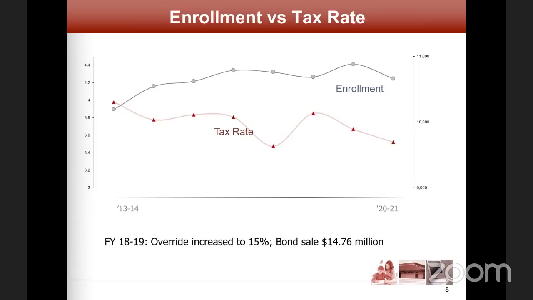The largest increase was in 18-19, and that's when we first implemented the increase for the override from a 10% override to a 15%. Also in that year, we had a bond sale of $14,760,000. So that did increase the funding that was needed through our taxes. Next slide, please.